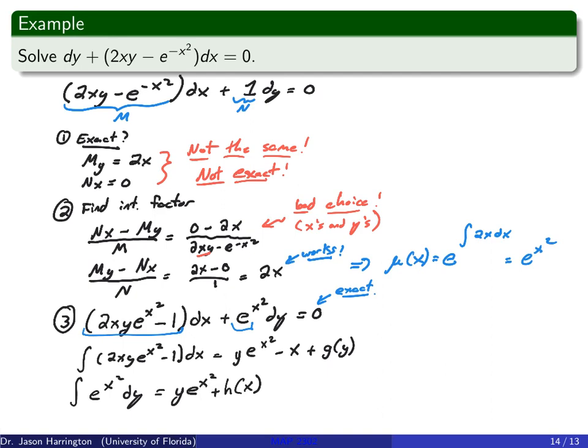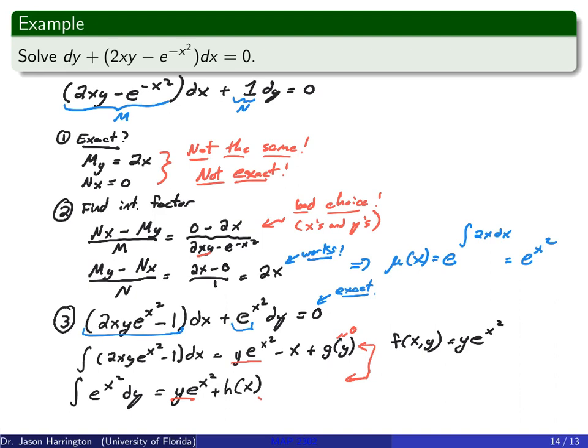Now I need a function that satisfies both of these. So f of x, y, it's pretty nice, they both have y e to the x squared, so I'll write that down. That's going to be equal to y e to the x squared. To make sure they both fit, I don't need any more functions of y, so I'll just set that one equal to 0. But you'll notice that over here I have minus x, so this function of x should be minus x to make that work out.